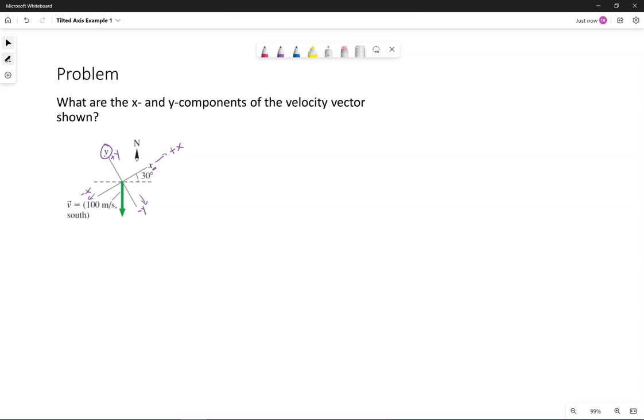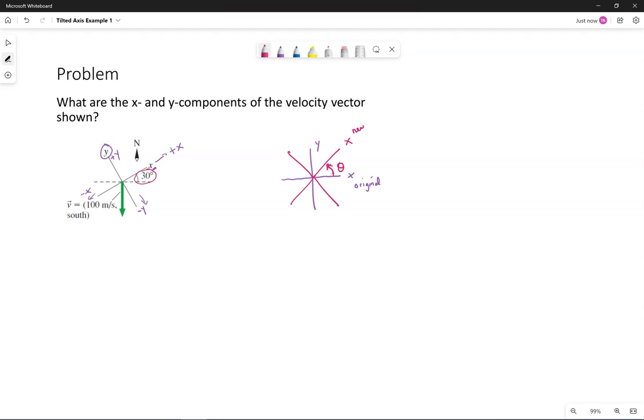So remember, in a tilted axis, we're talking about going from our original traditional coordinate system and rotating to this new axis that is tilted. The angle here that we have to rotate through is always the angle of the axis, and here it's directly drawn for us as 30 degrees.